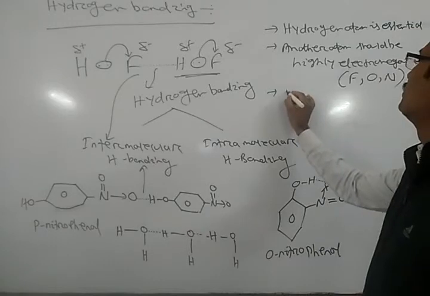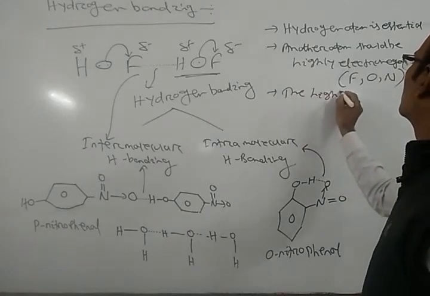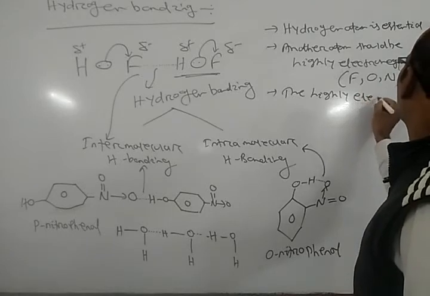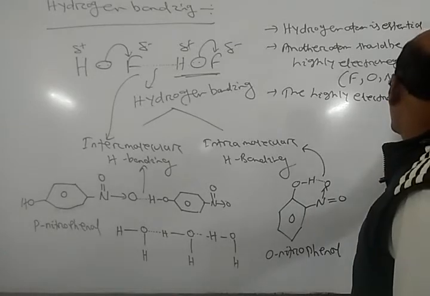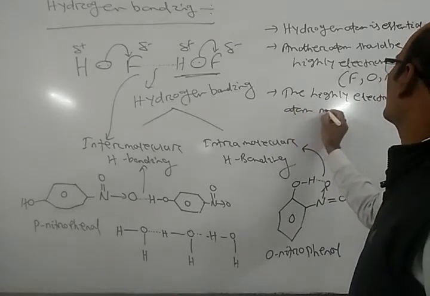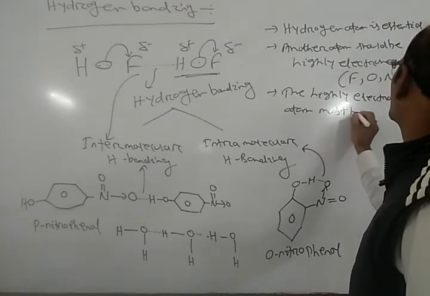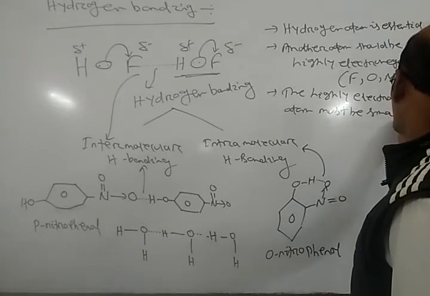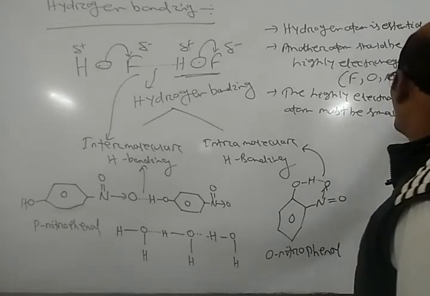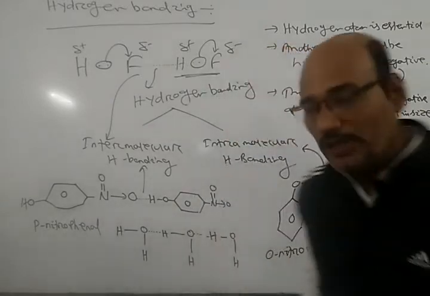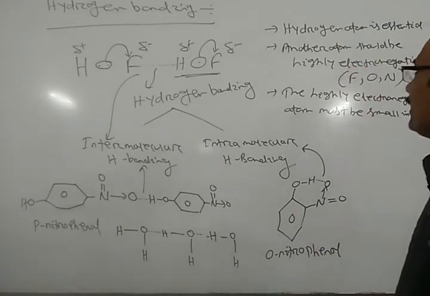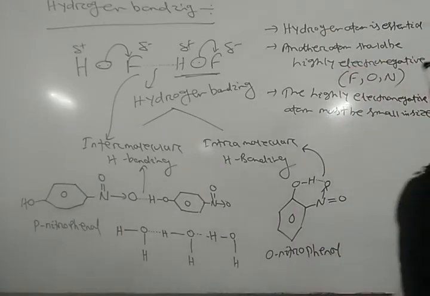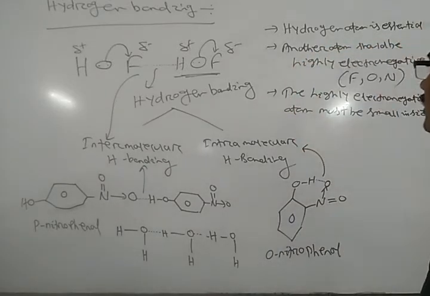So the hydrogen atom is the essential atom, then another highly electronegative atom like fluorine, oxygen and nitrogen, and the highly electronegative atom must be small in size.